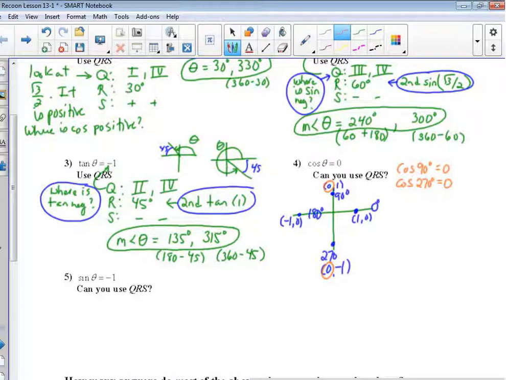So if you're not sure, you could set up the drawing, or you could just go around and test them out. The cosine of 180 on your calculator will say -1. The cosine of 270 we already did. Those are the answers. The cosine of 0 is going to say +1.